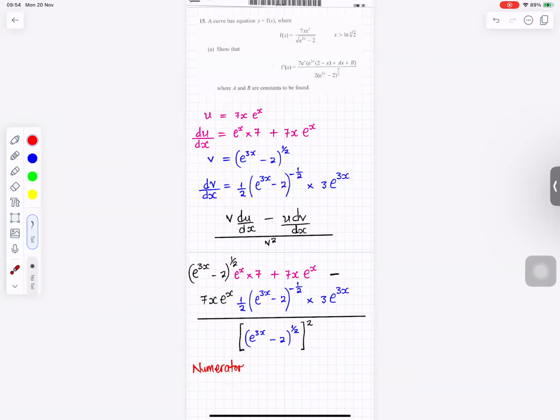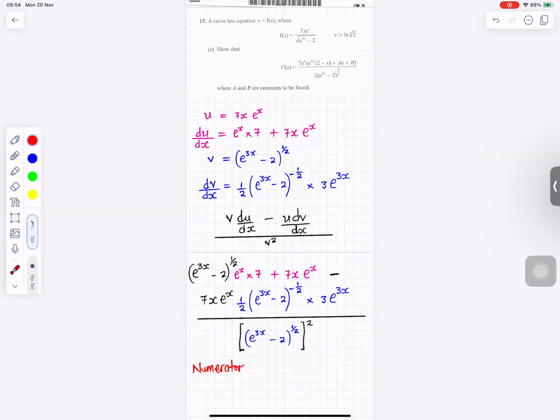So I replace the v, replace the du over dx, replace the v, replace du over dx, and then there's the minus there, replace the u, and then replace the dv by dx, and then replace the v there.